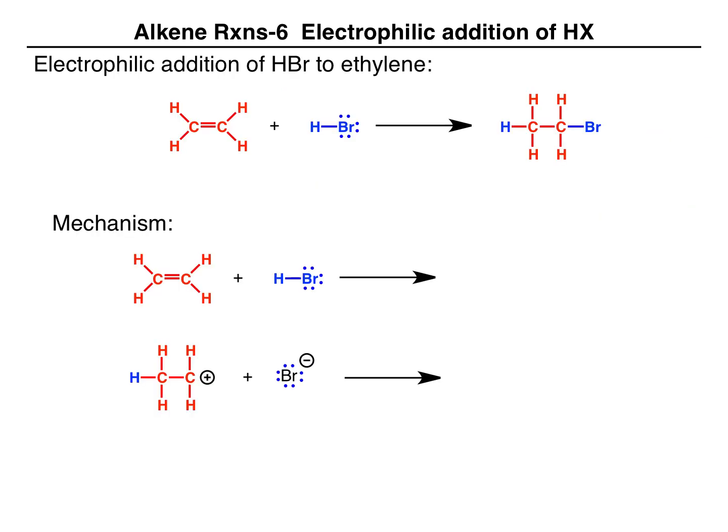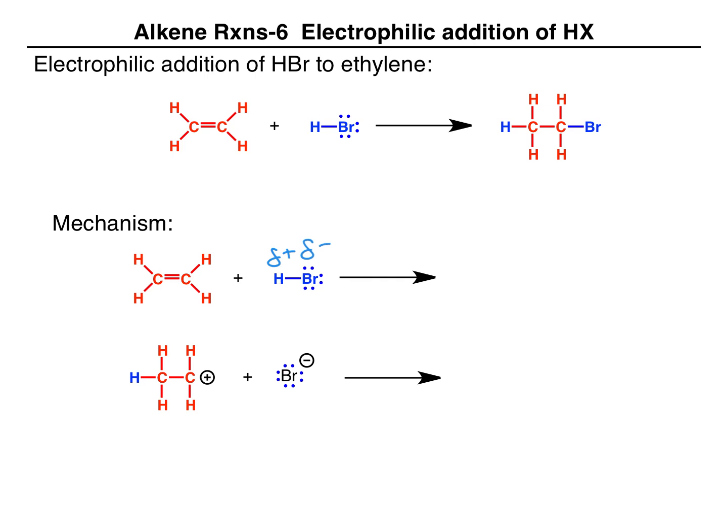Let's take a look at the electrophilic addition of HBr to ethylene. So we know that the alkene is electron rich, and if we think about HBr, we need to keep in mind that bromine is more electronegative than hydrogen, so bromine has a partial negative and hydrogen has a partial positive. So the hydrogen is our electrophilic atom.